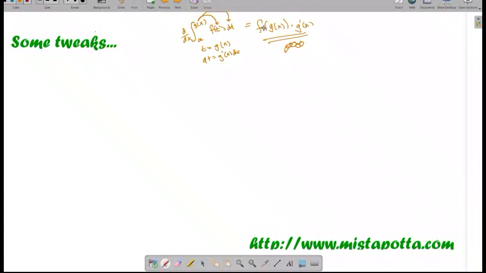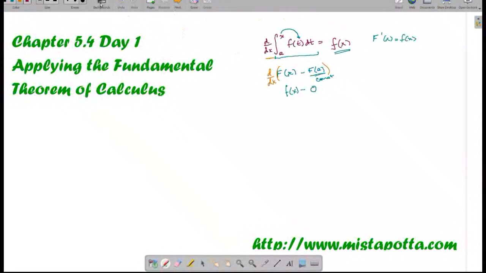So this idea that I can substitute x in, that is true. In reality, what I'm doing, let's go back to this, is I'm substituting x in here, but I'm also substituting x in here.